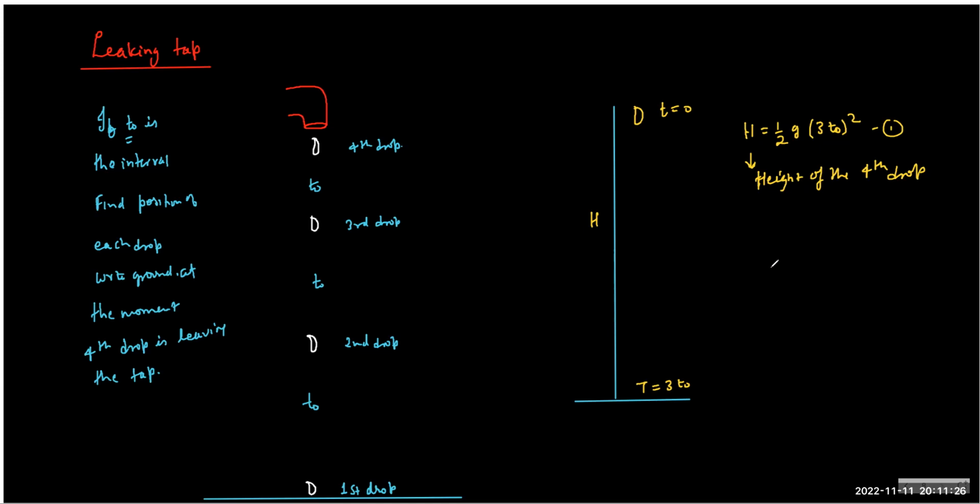Now to get the height of the third drop, what we are supposed to do is, the third drop is basically how much? T naught below from the top. So H minus height of the third, that's called H3.